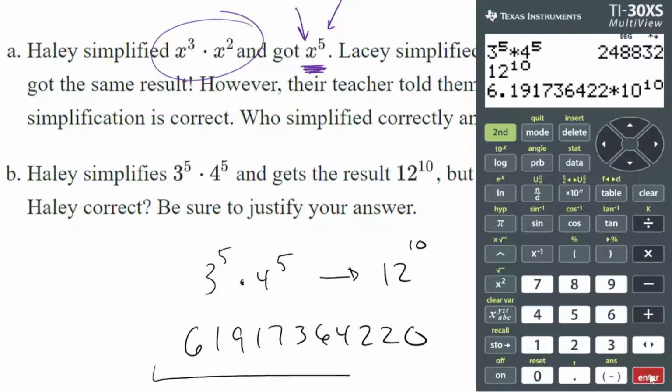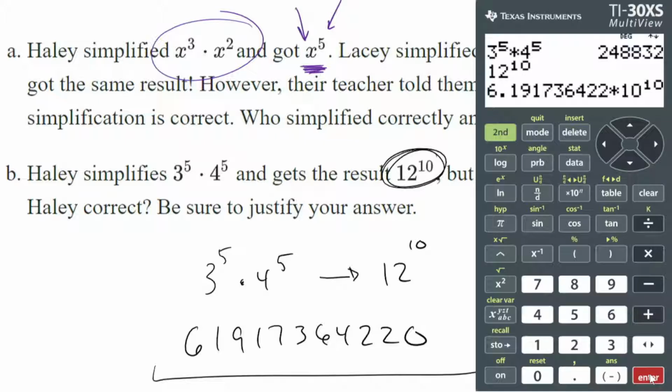I have to put an extra 0 there. It's huge, right? This is much larger, 12 to the 10th, compared to 248,832. So it's ginormous. So just based on looking at them, they're not equivalent.